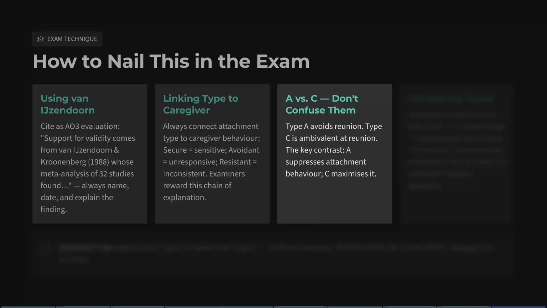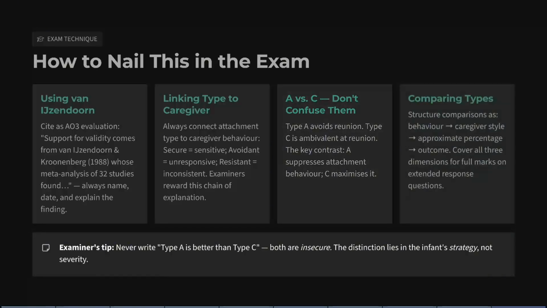And the tip that I give you is worth highlighting explicitly here. Never write that one insecure type is better or worse than another. Both type A and type C are forms of insecure attachment. The difference is strategic, not one of severity.